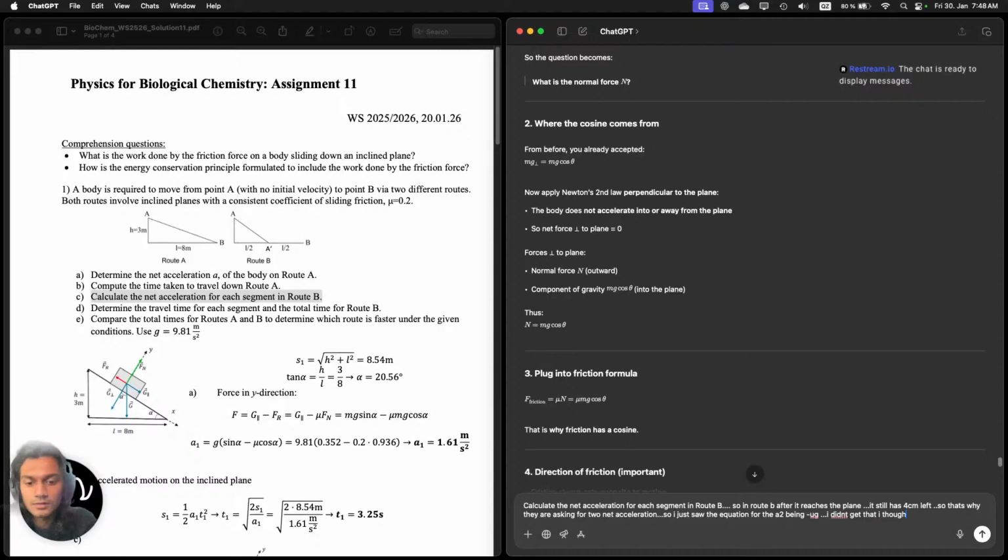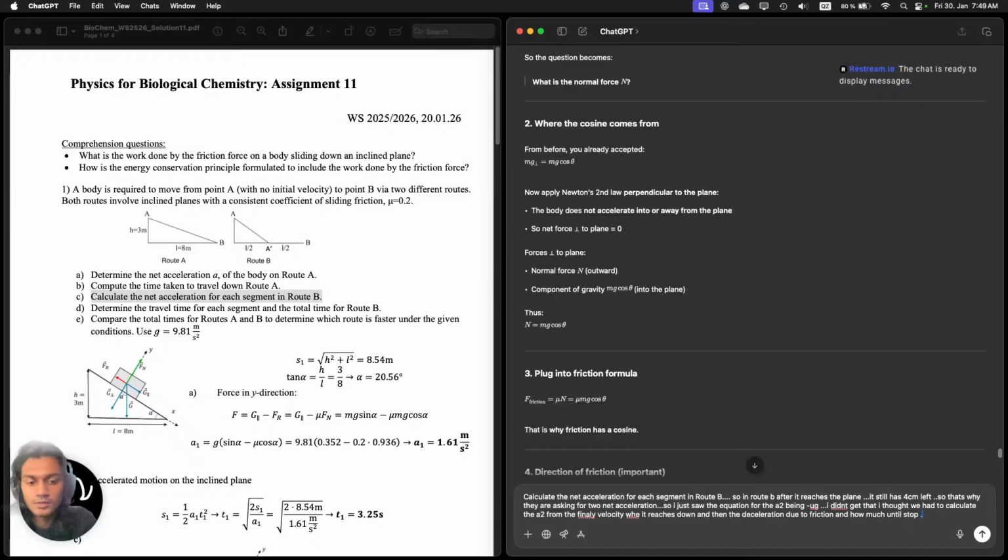I thought we had to calculate the A2 from when it down and then the deceleration due to friction and how much until stopped.